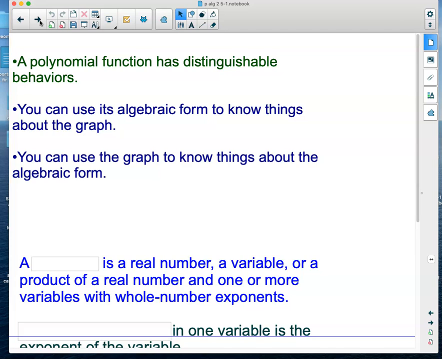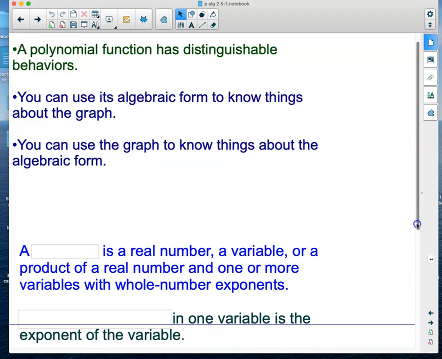You can use its algebraic forms to know something about the graph. So if we factor it, we definitely know we can find zeros from that. We've done that before. You can use the graph to know things about the algebraic form. So this is saying, if we give you a graph, you're going to be able to write these polynomials for us. And yeah, in the future, we'll be able to do that.